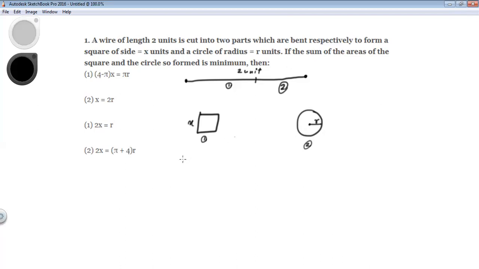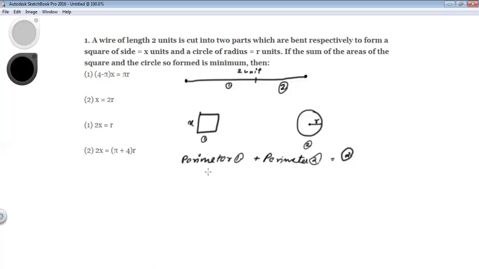And the perimeter of the first one plus the perimeter of the second one combined together gives us 2 units. All right. So that should be understood and clear.